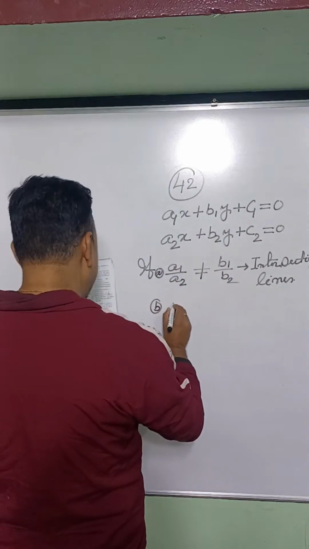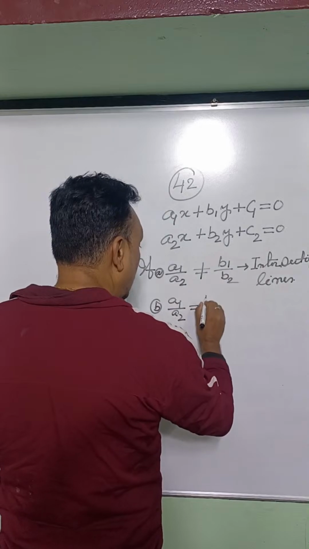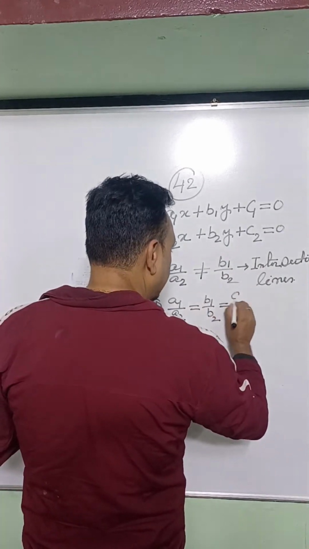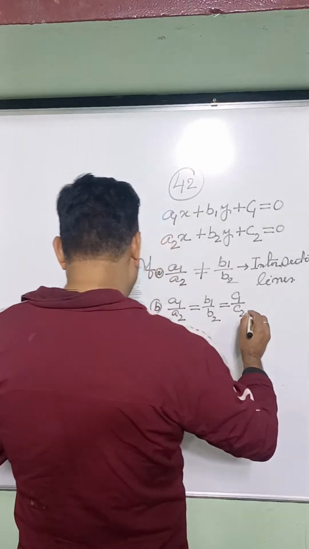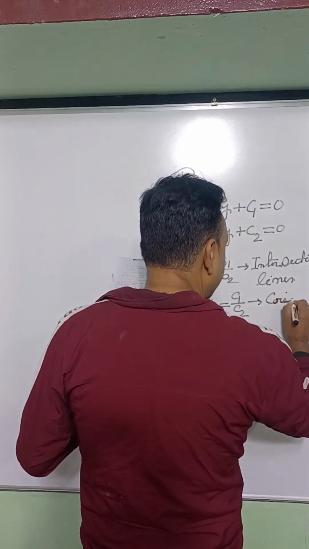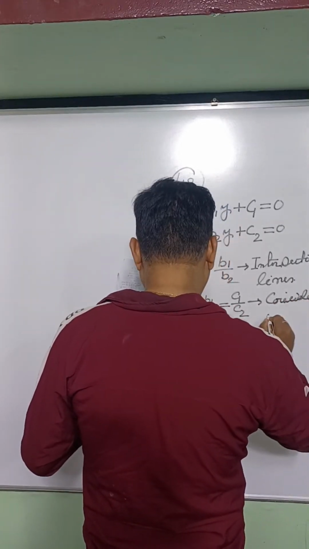Then the second case, case B: if a1 by a2 is equal to b1 by b2 and also equal to c1 by c2, then these lines will represent coincident lines.